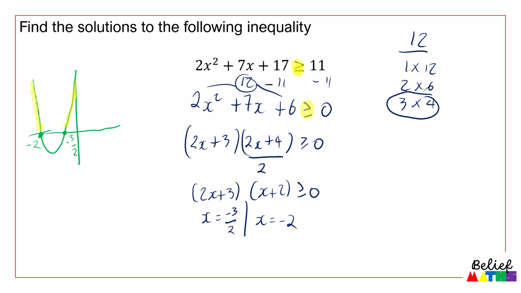So in this case it's actually going to be a split inequality. First of all, we know that x is going to be less than or equal to negative 2. That represents this side. And then on the other side, x is going to be greater than or equal to minus 3 over 2, which represents this side. And the reason it's equal to is because our inequality here was equal to.